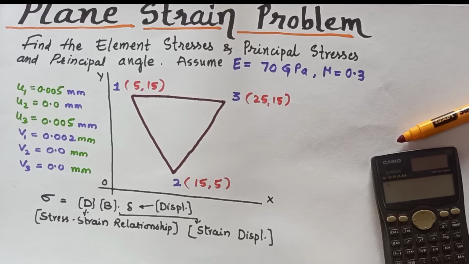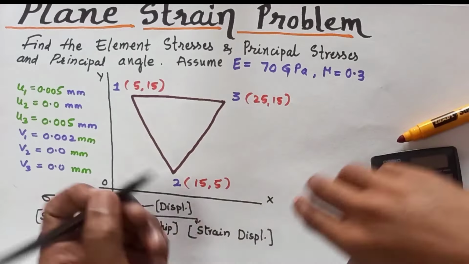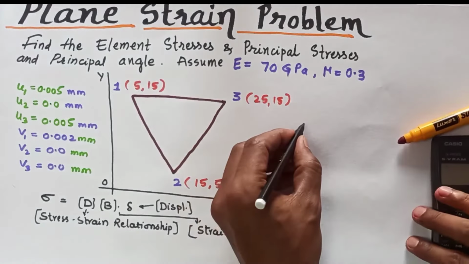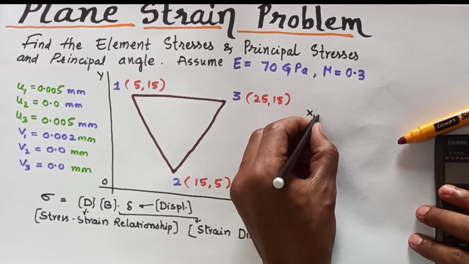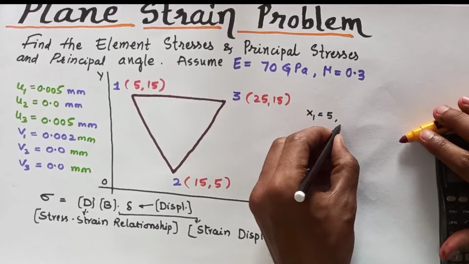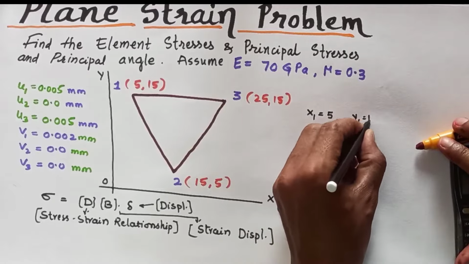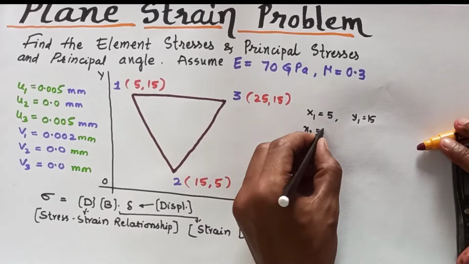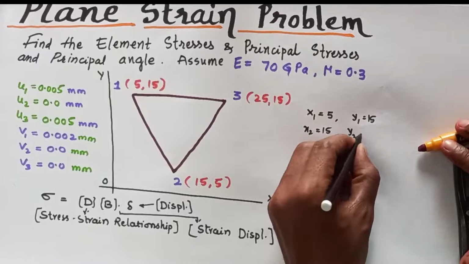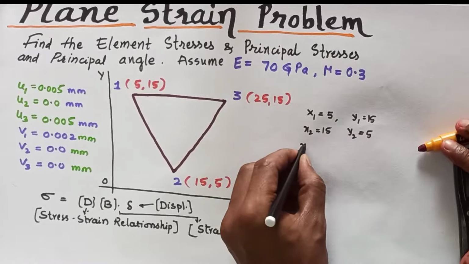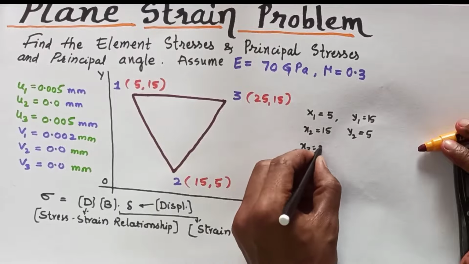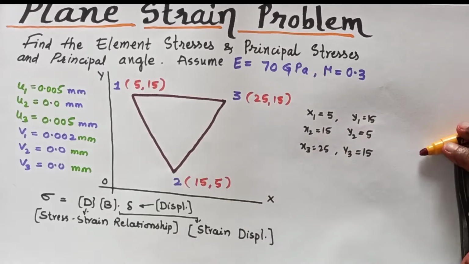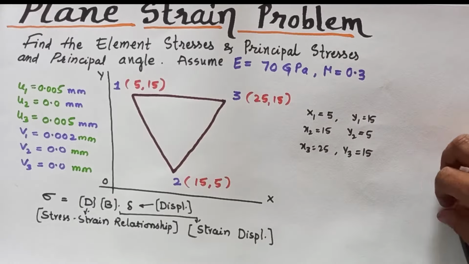Okay, so now here the coordinates, as you know, this is your x1, y1. So you can write here that x1 value is 5 and y1 is 15, x2 is 15 and y2 is 5, x3 is 25 and y3 is 15 at the different nodes.